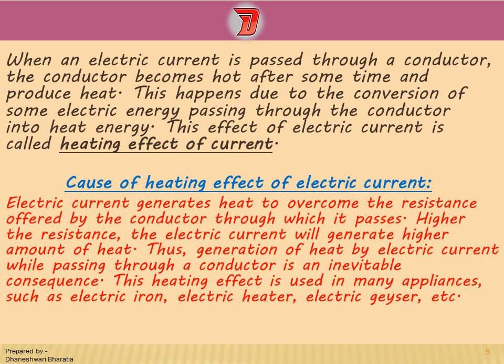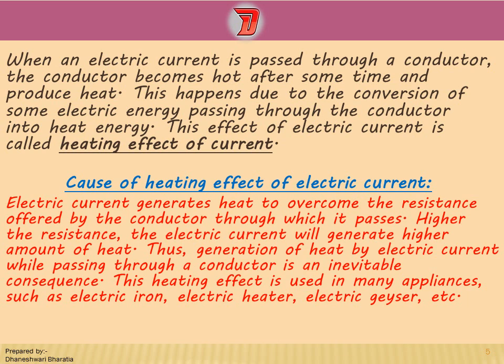Now this is the cause of heating effect of electric current. It can be asked for 1 or 2 marks. Electric current generates heat to overcome the resistance offered by the conductor through which it passes. Higher the resistance, the electric current will generate higher amount of heat. It is obvious, right? More the resistance, more work has to be done, right? And if more work has to be done, obviously the heat energy produced will be in a greater amount, right?